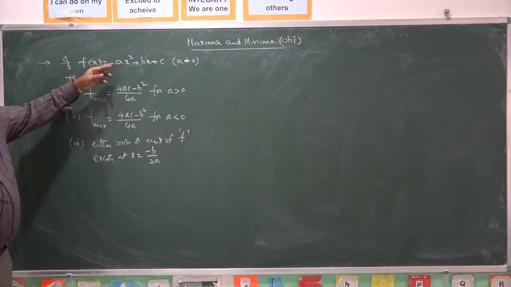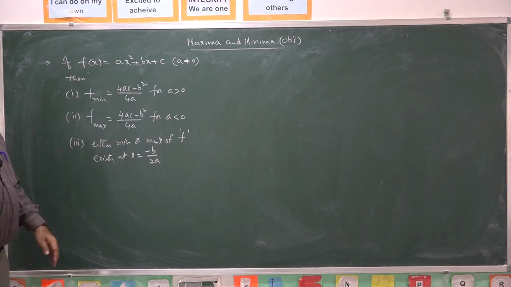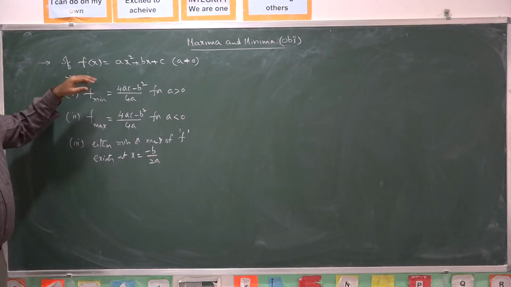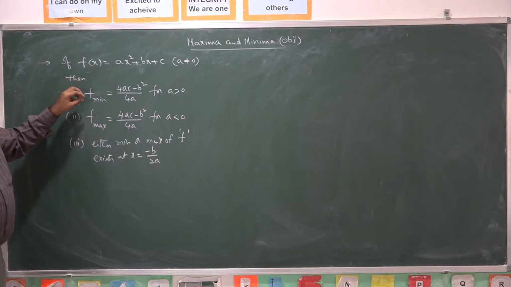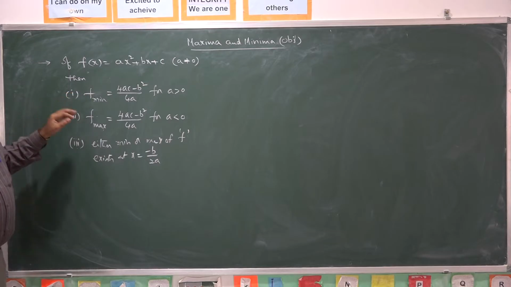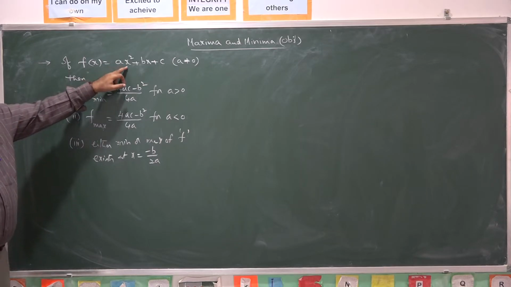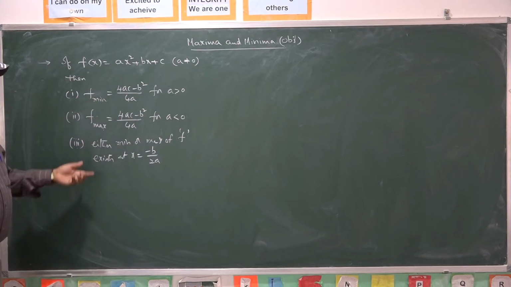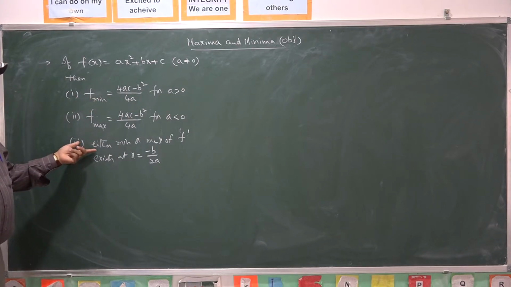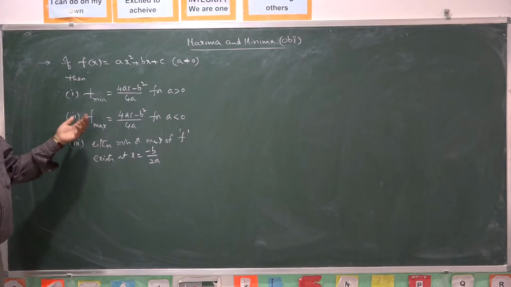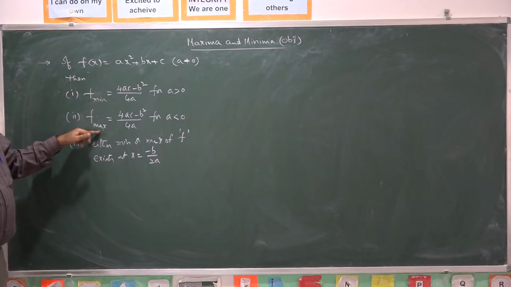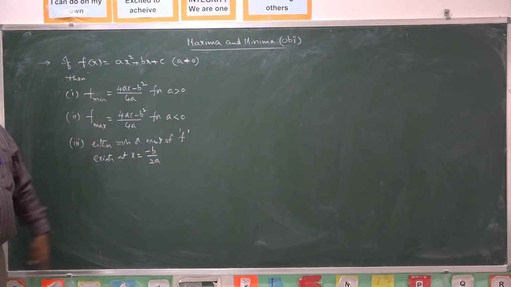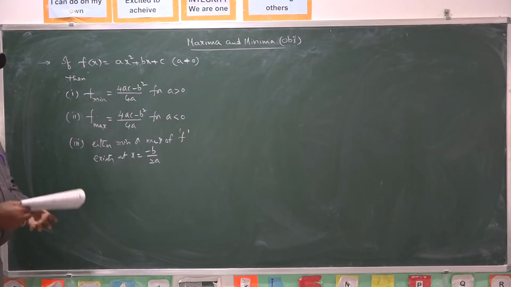Once the given function is a quadratic, then its minimum or maximum exists according to whether x square is positive or negative. It takes either minimum or maximum at x equal to minus b by 2a itself.